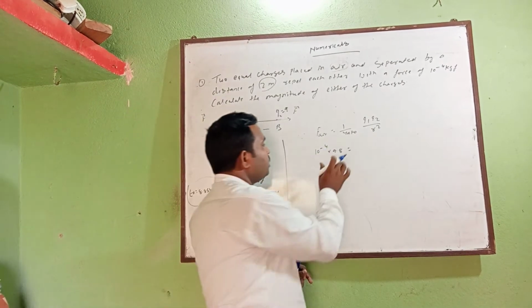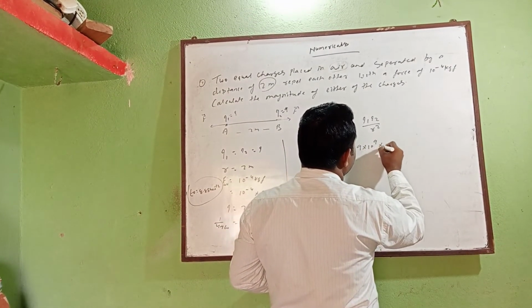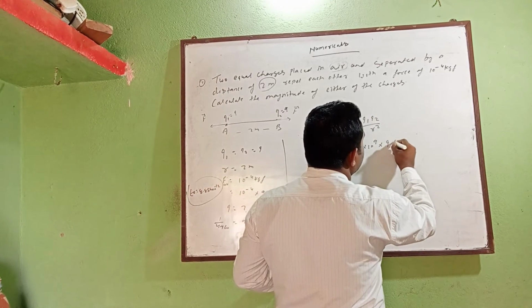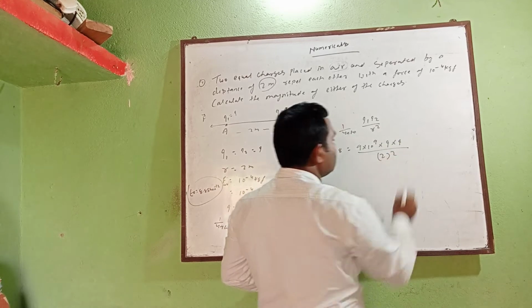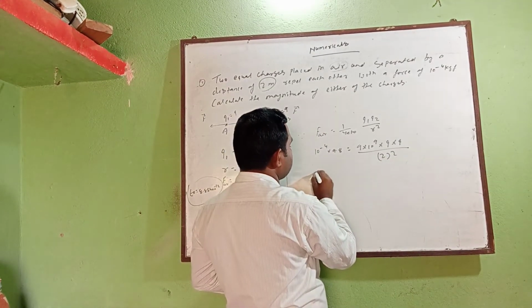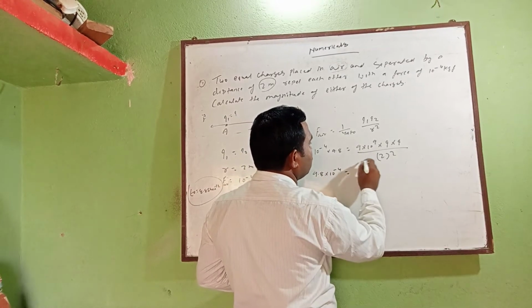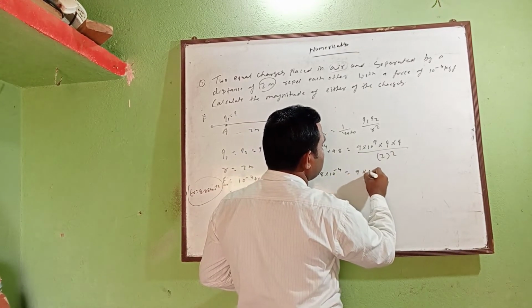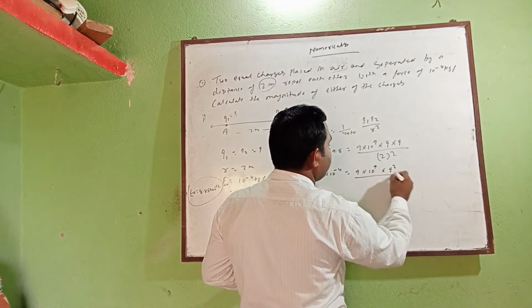Now you can put the values here. So here will be 9 into 10 to the power 9 into Q into Q, divided by R square, that is 2 whole square. Now you can write 9.8 into 10 to the power minus 4 equal to 9 into 10 to the power 9 into Q square, divided by 4.